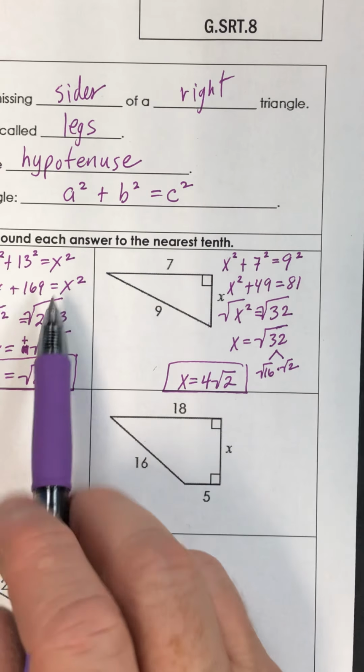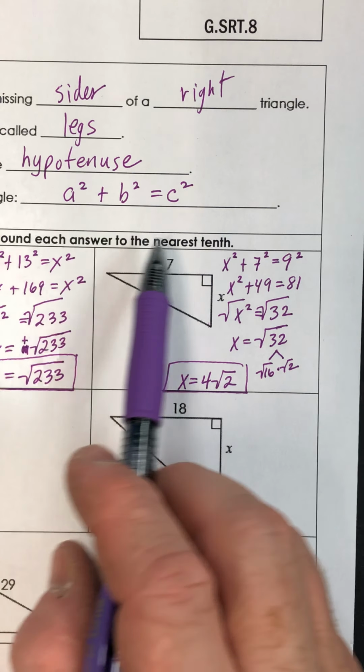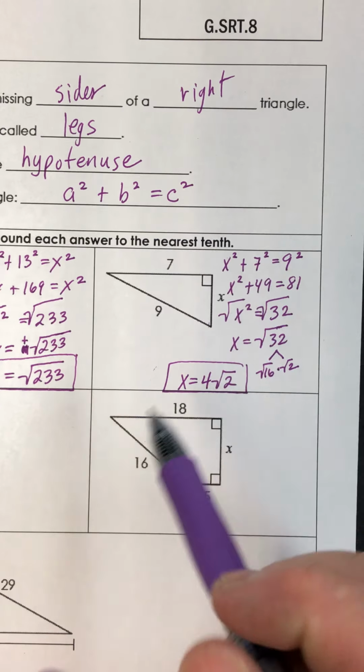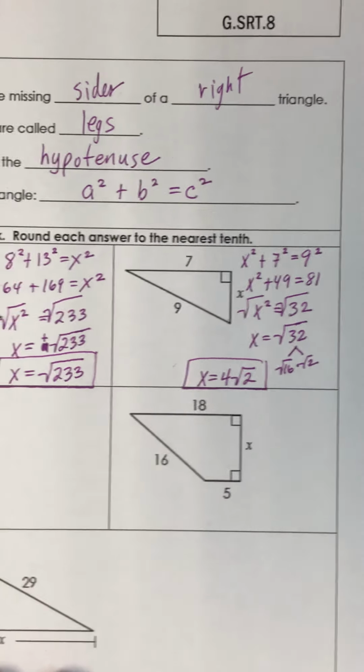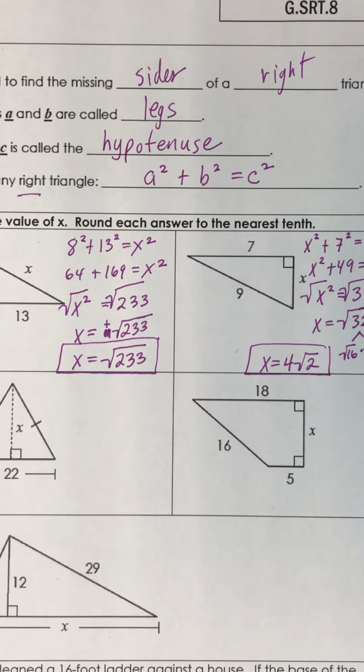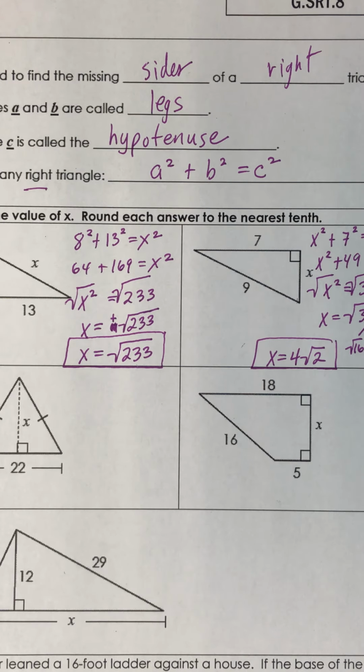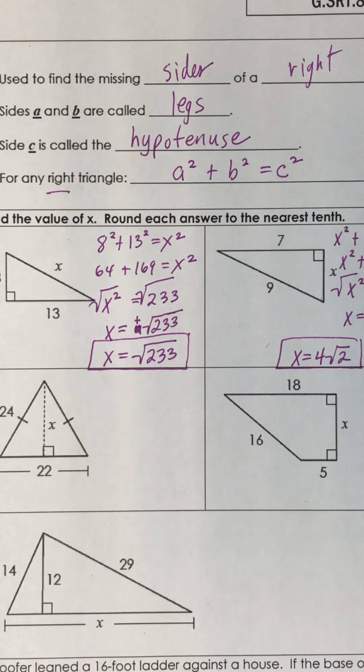Now, you could go back up to the instructions here. It said round each answer to the nearest tenth. So we could type those in, if we were looking for an actual length. Let's go back to the previous example. On your calculator, you can just do the square root of 233.